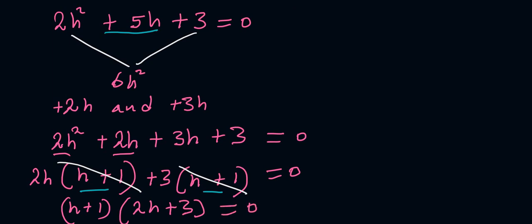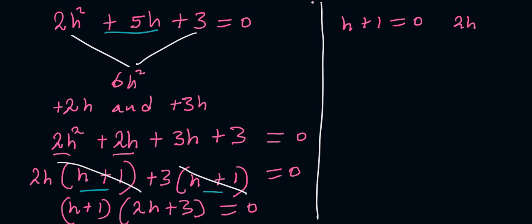So now we can set both of them to 0. So h plus 1 is equal 0 and 2h plus 3 is equal 0. We are going to isolate h by subtracting 1 from both sides.